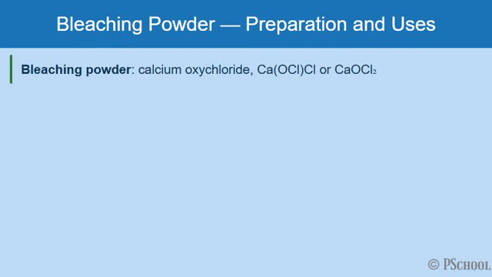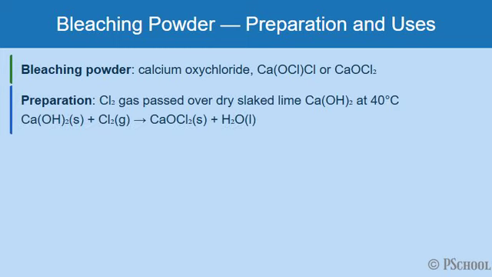Bleaching powder is calcium oxychloride, formula CaOCl2. Preparation: chlorine gas is passed over dry slaked lime, calcium hydroxide, at 40 degrees Celsius. Calcium hydroxide plus chlorine gives calcium oxychloride plus water.